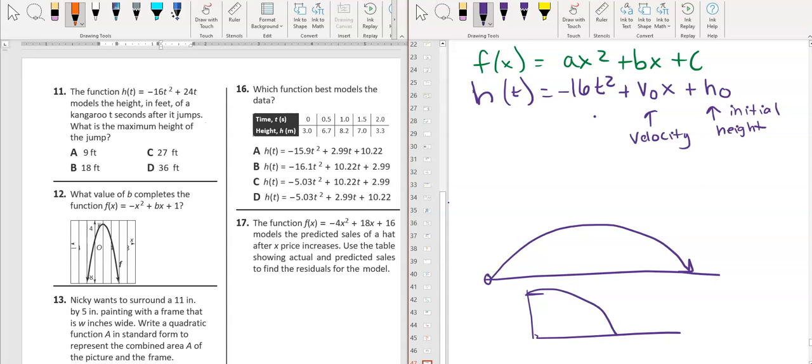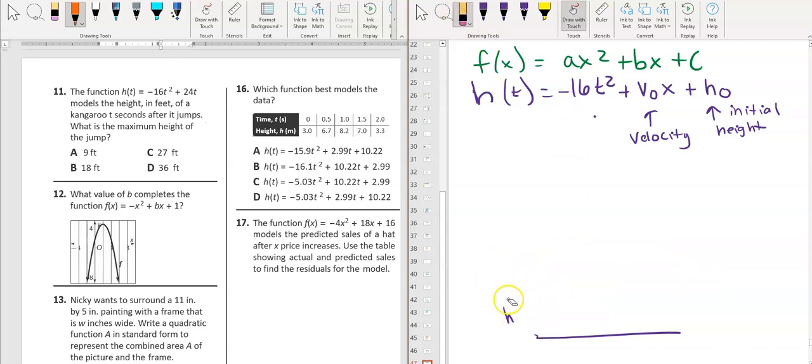My vertical velocity will start at whatever height the diving board is. So this is going to be your h sub o or your c. It depends on where you're starting, okay? And then, of course, your velocity is your speed and direction that you are going.